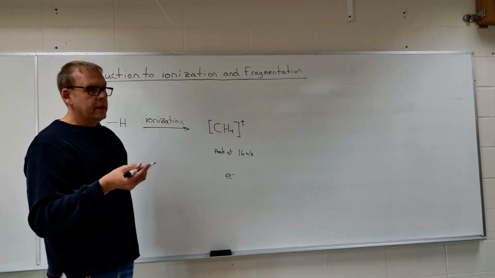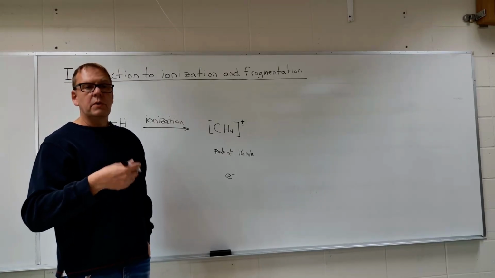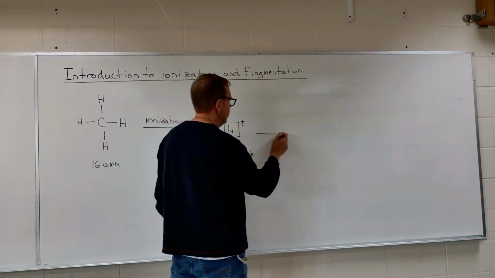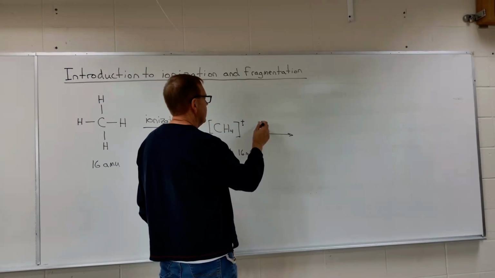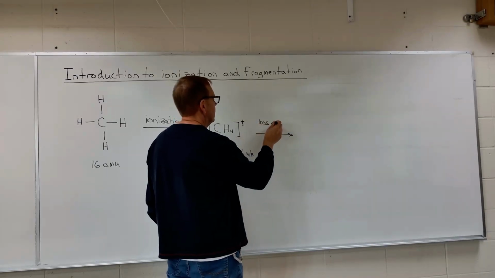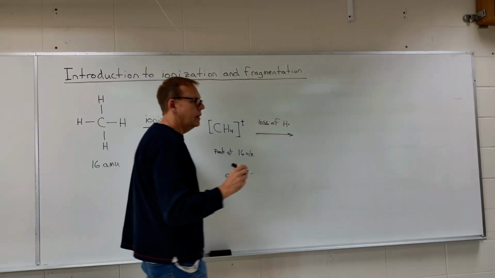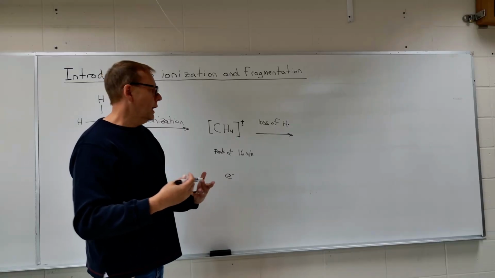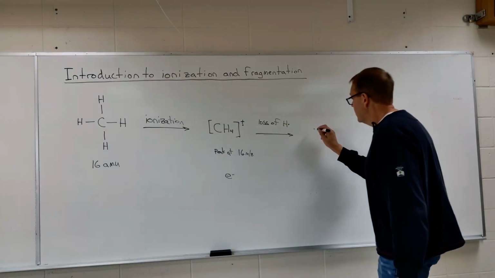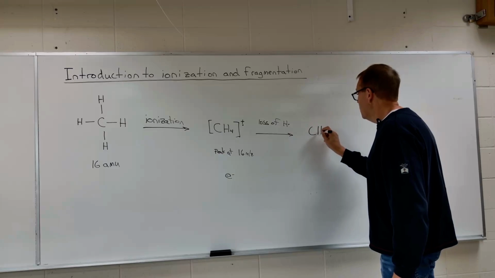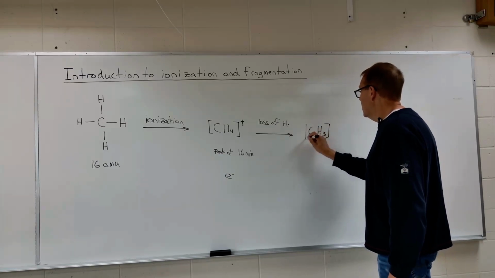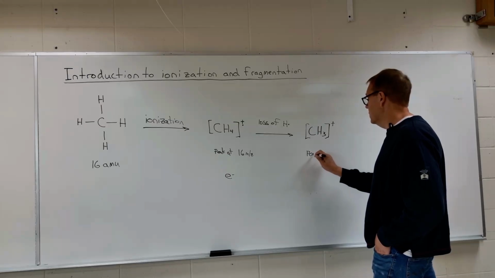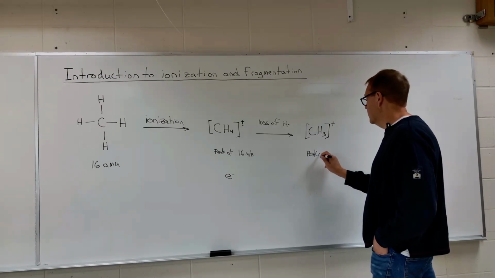This molecule can then fragment, where it loses pieces to make it smaller. And the thing that can break off of this molecule would be the loss of an H dot. So if a hydrogen atom were to break off and float away, we would get a molecule that's got one fewer hydrogen on it, and therefore would give a peak that's 1 mass unit lighter.